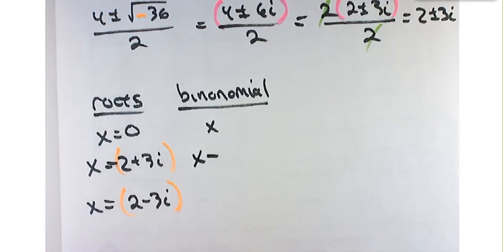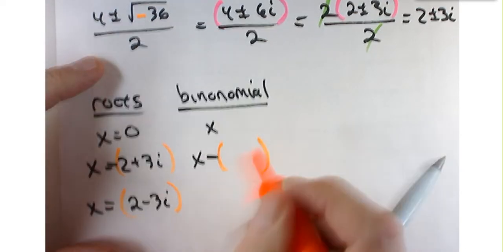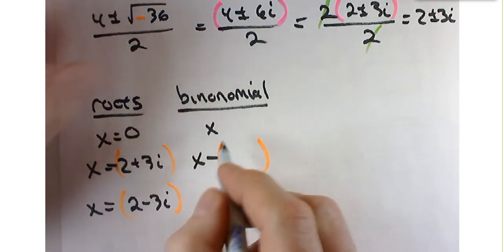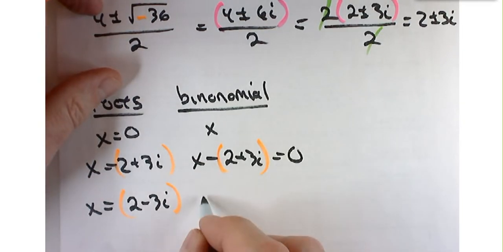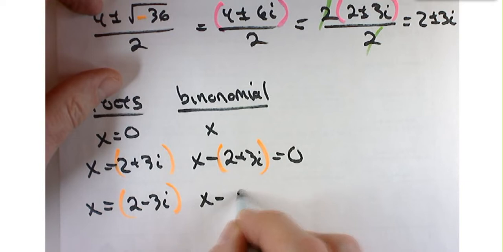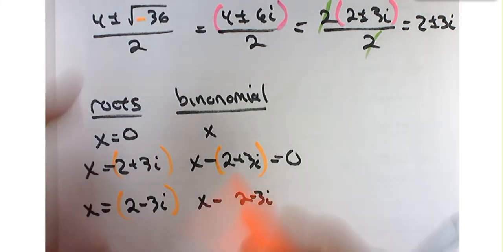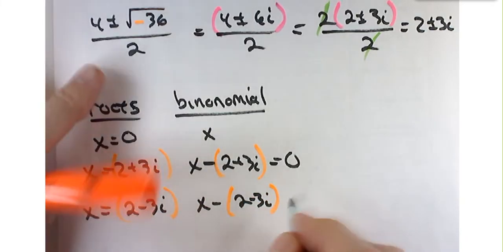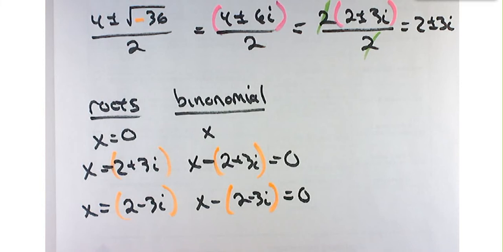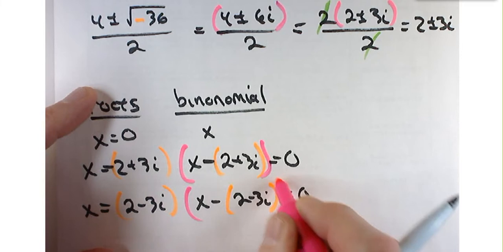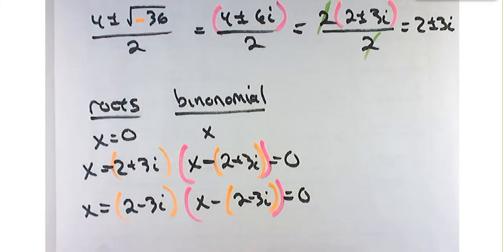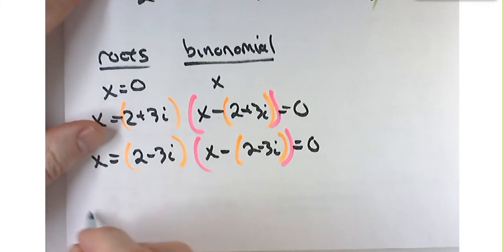X minus, remember, because it's going to change signs, 2 plus 3i equals 0. And then x minus 2 minus 3i, again, equals 0. And I regard this as one whole binomial and this as another binomial. So if you want to keep it from getting too messy, just write it like this.